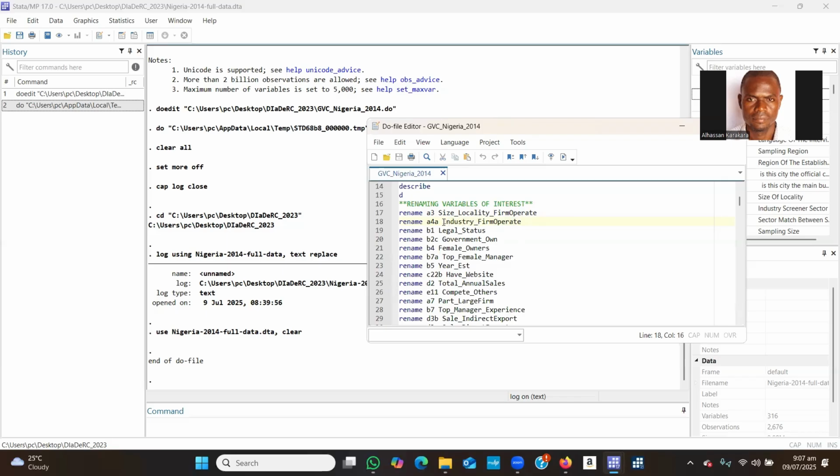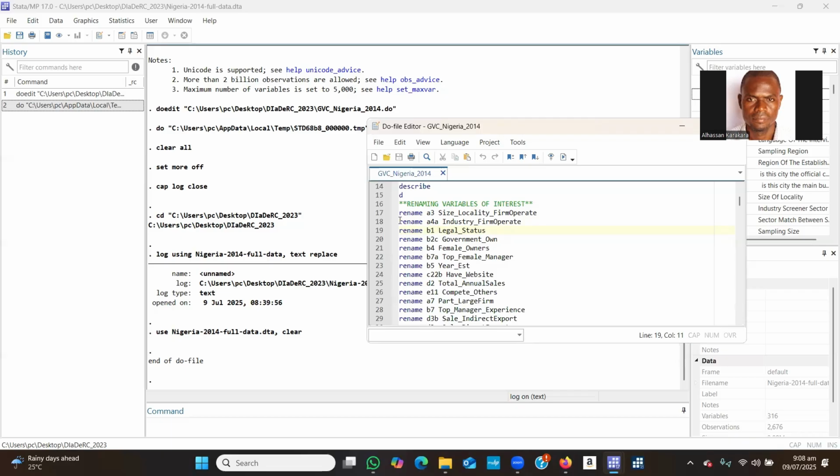As I said in the previous video, you either type the words without a space, or you can use an underscore or a dash. Whichever way, there shouldn't be a space between the words. Then the next variable is B1, which is legal status, and that talks about the legal status of the firm.